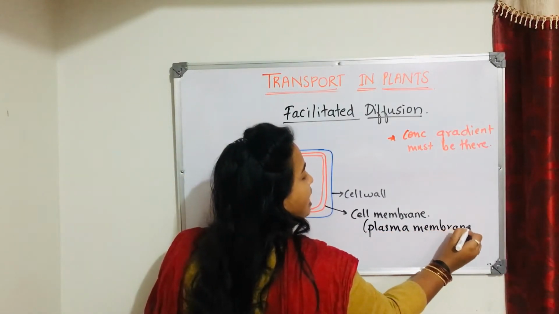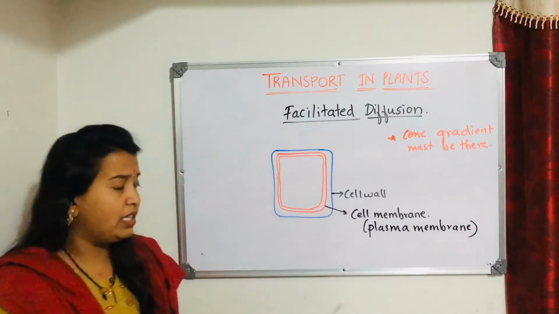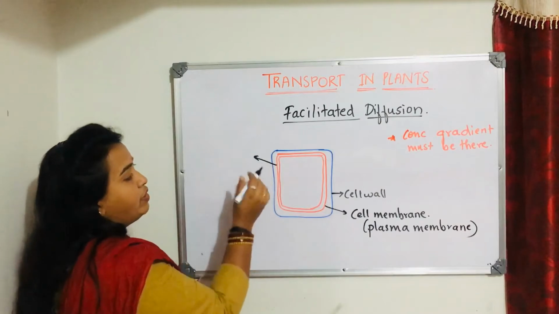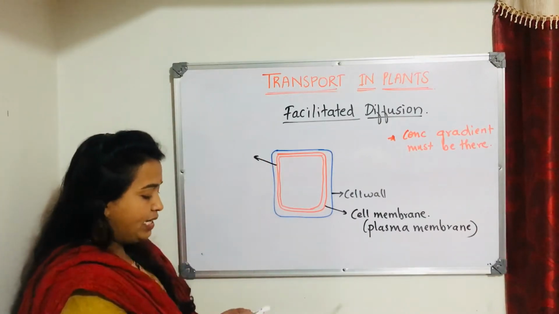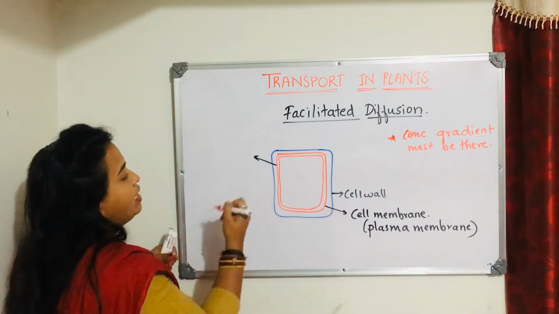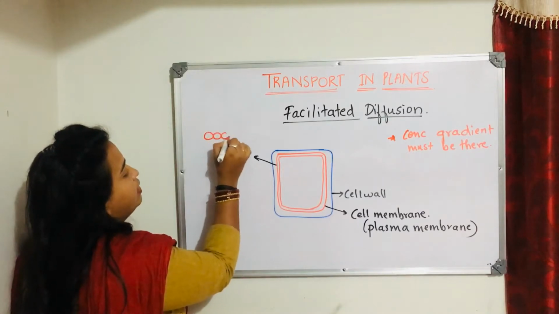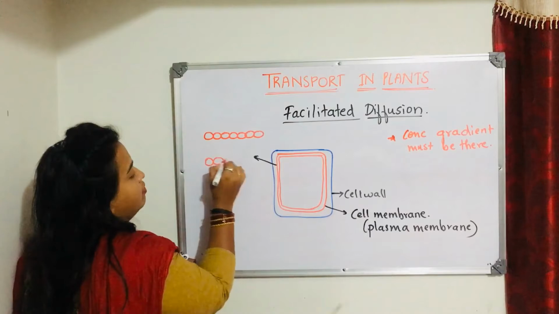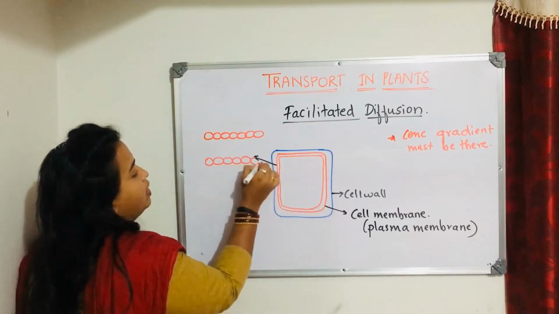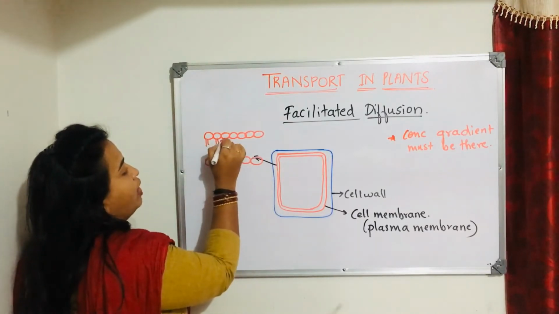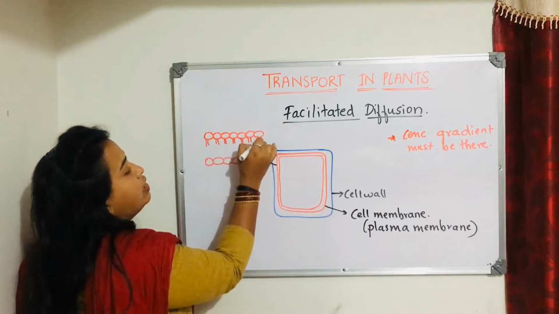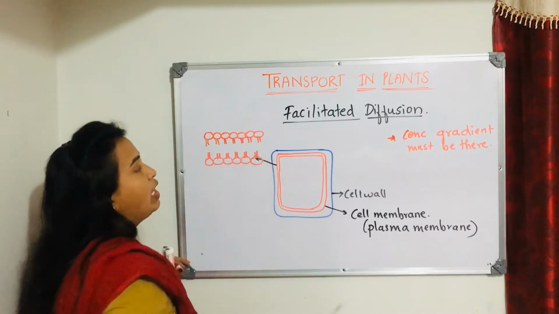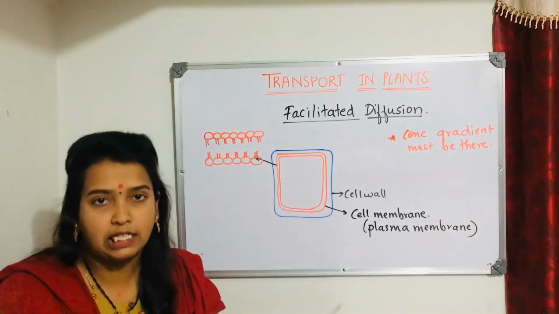See here, this plasma membrane, if I zoom it and show you, in a higher version, this is how you can see this layer, how this plasma membrane looks. You might have observed, or you might have studied about this model. We call it the Singer and Nicolson plasma membrane model, the fluid mosaic model, right?